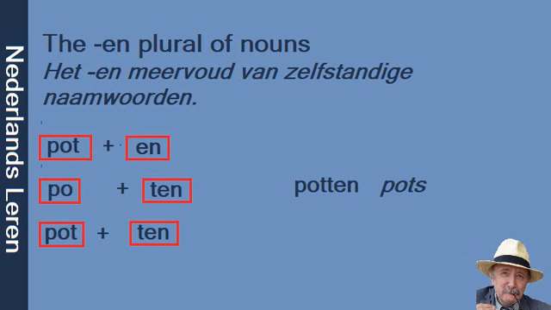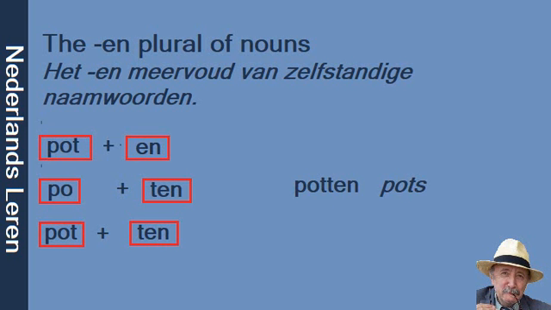Because if we split this into two syllables, we have po and a closed syllable, ten. Since po is an open syllable, the O is pronounced as a long vowel, but we have to have a short vowel. Then what we do is add an extra T, so that we get potten.